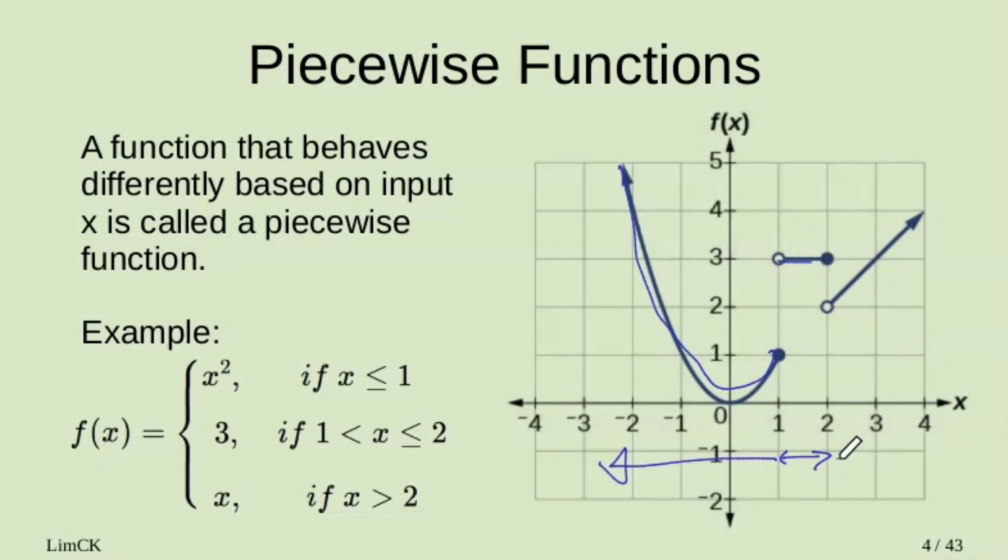And then when it's greater than 2, you have different behavior. So this graph is an example of a piecewise function.